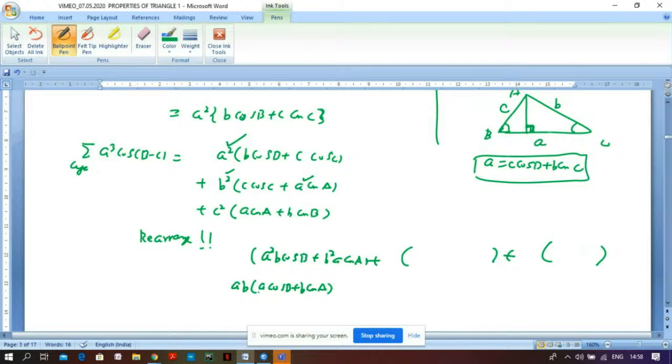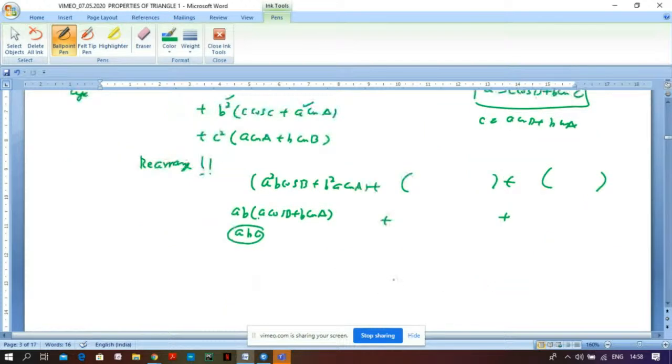So it's just like here, if you have got C, then this C will be A cos B plus B cos A. And so that just equals C. So that is ABC, and each term will give you ABC. And so the answer you will get for this expression is 3 times ABC.